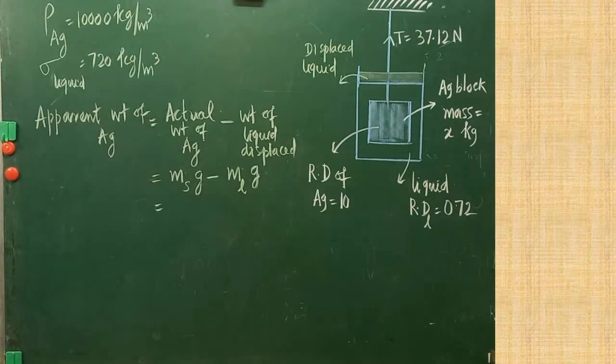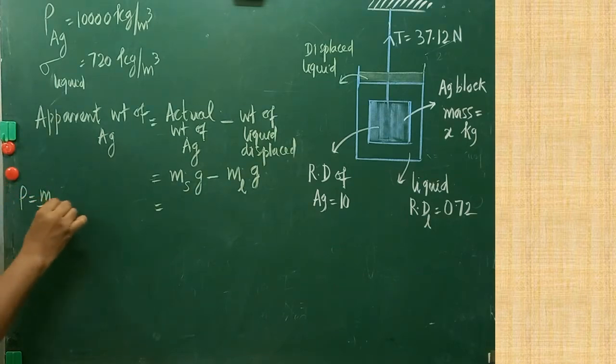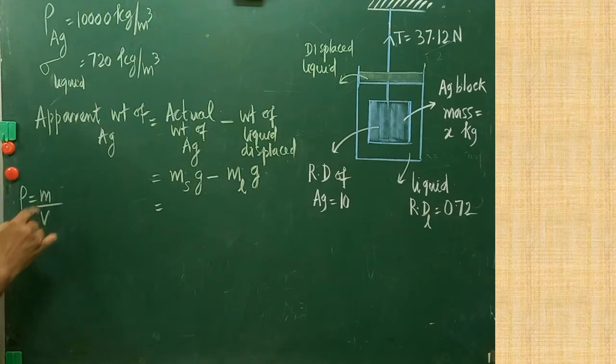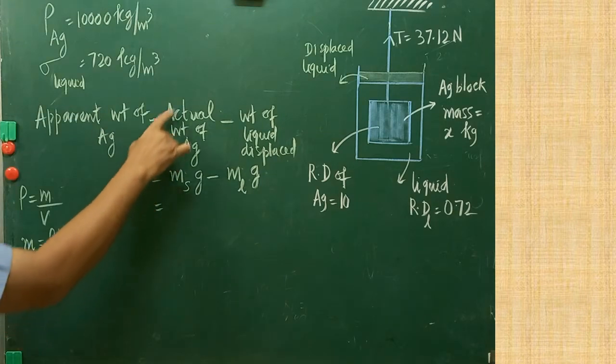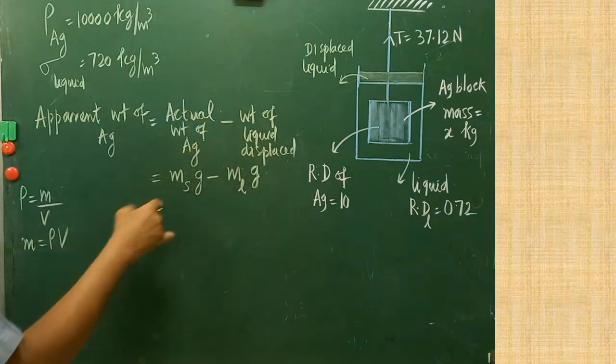Can you understand? Here we know very well that density is equal to mass per volume. That is a fundamental formula. Therefrom we can obtain the equation for mass. M is equal to rho into V. Here this is for Ag, this is for the liquid displaced.